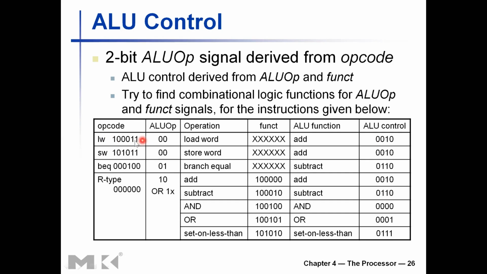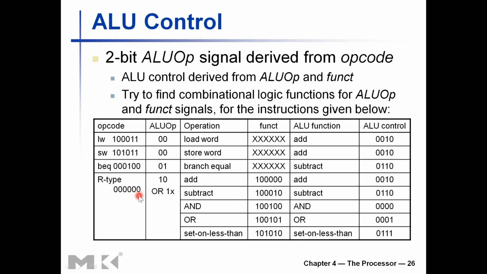That is the bit pattern for the opcode for the load word instruction. Store word, the bit pattern is 43. Branch if equal, the opcode bit pattern is number 4. And for all R-type instructions, the opcode bit pattern is 0.